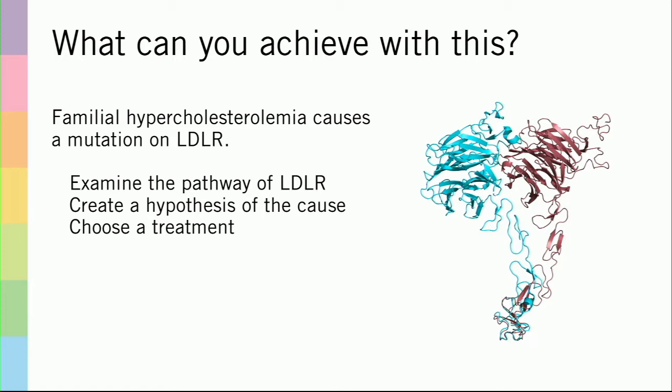Familial hypercholesterolemia, or just FH, is a genetic disease which is primarily caused by mutations on LDLR, the blue polypeptide you see on the screen. This protein is a receptor which takes LDL cholesterol, or the bad cholesterol, from the blood into the cell and breaks it down.